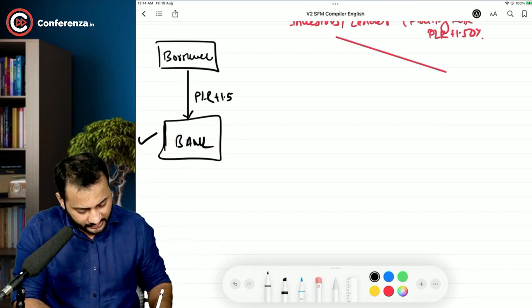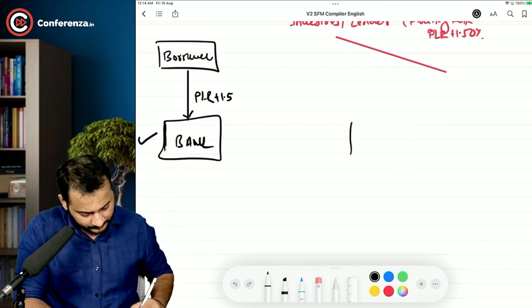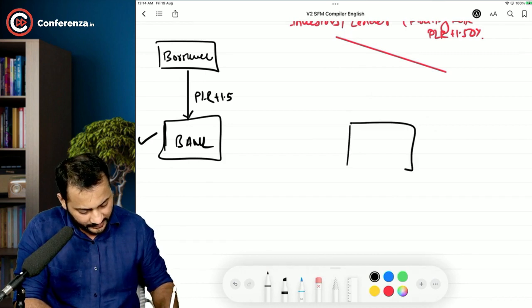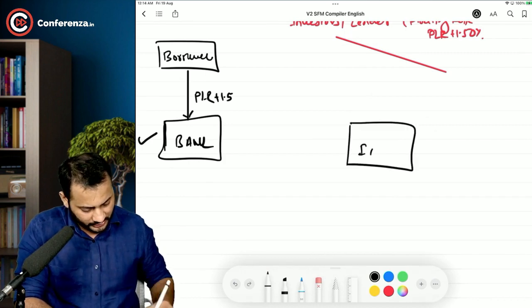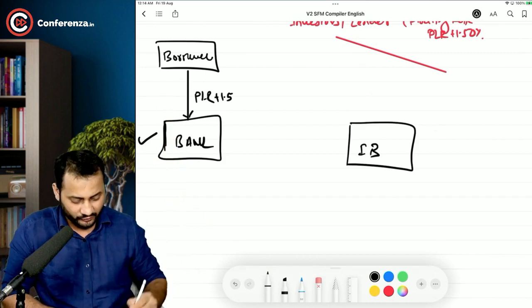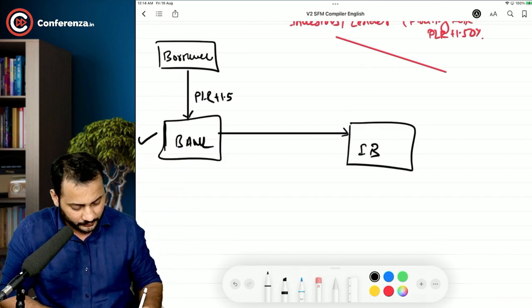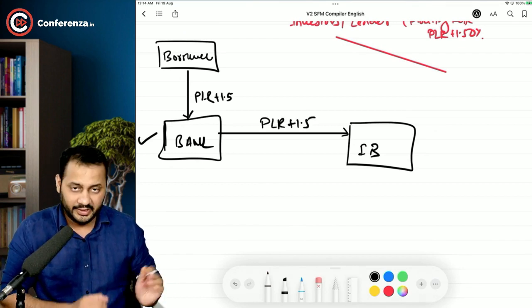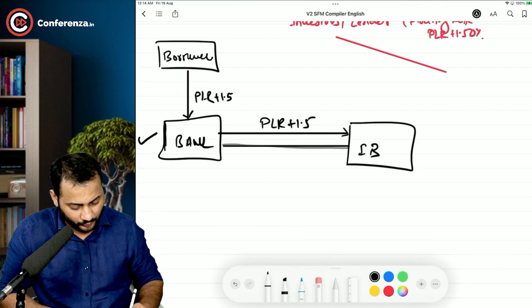So we arranged a swap agreement with another party, IB, who is ready to do the swap arrangement with us. In that, whatever we are going to receive from the borrowers, we will pay back to IB. So PLR plus 1.5 will be paid back to IB, and IB is ready to pay 6.5% fixed to us.